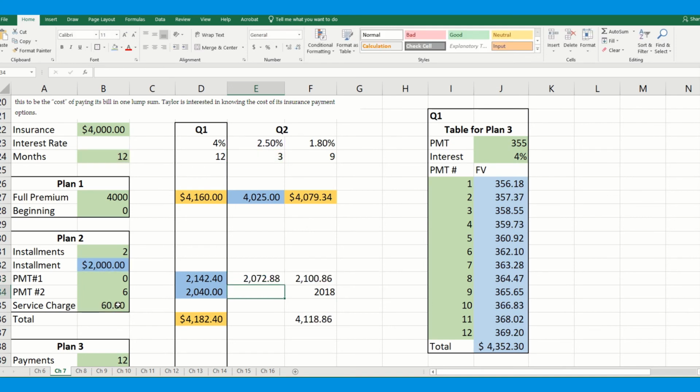And then we can find out that the cost of it is going to end up being $4,118.86, if we do it the question 2 way, using 2.5% for 3 months and then 1.8% for 9 months. So that is going to be an answer. These two are in term. This one is comma style, in term. And this is going to be one of the answers.